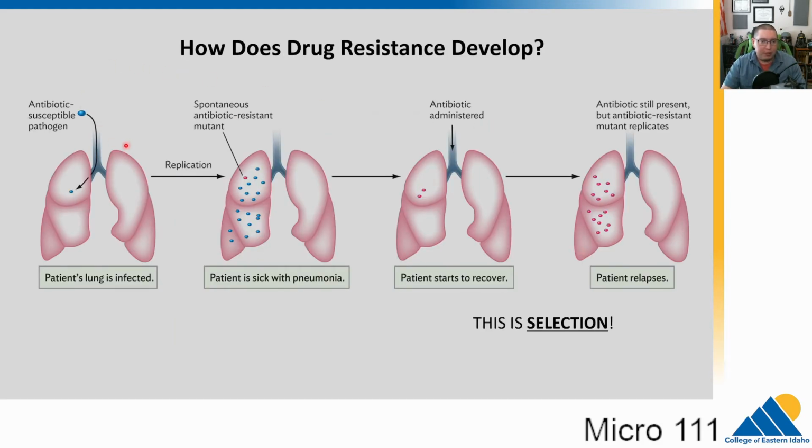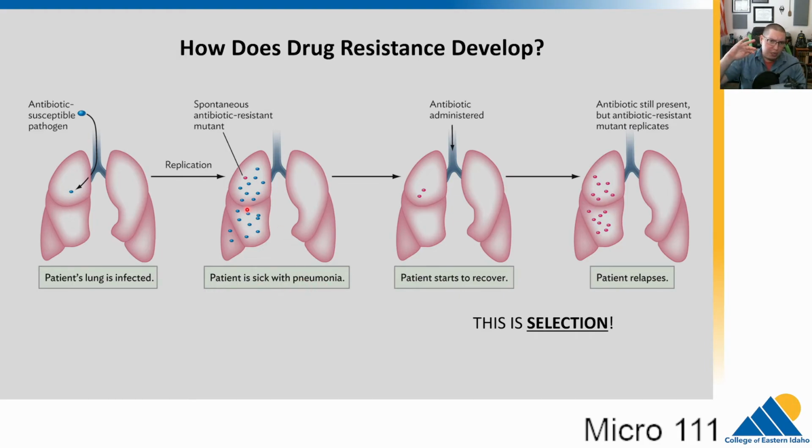Remember the example we talked about in broad details. Here's an example of a patient who is sick with a bacterial infection, right? They get some sort of pathogen in there, and it grows to a high number. They are now sick with pneumonia.